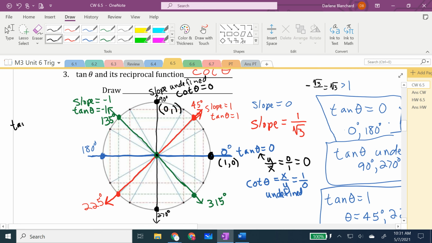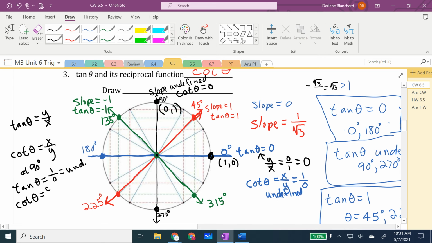When I'm working with tangent, tangent is y divided by x. But when I'm working with cotangent, it is x divided by y. So when I am at 90 degrees, my tangent is equal to 1 divided by 0. Dividing by 0 is undefined. My cotangent is 0 divided by 1, which is equal to 0.